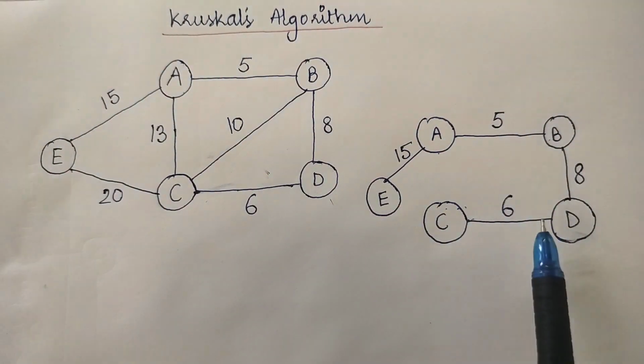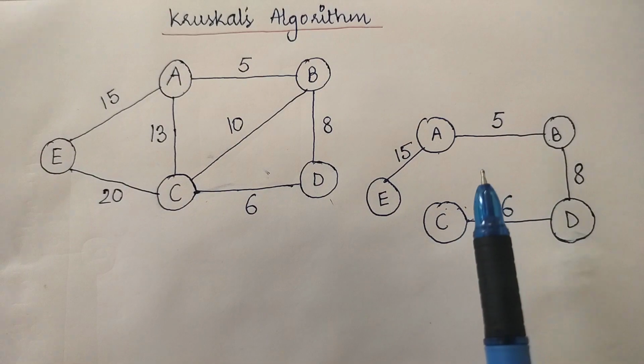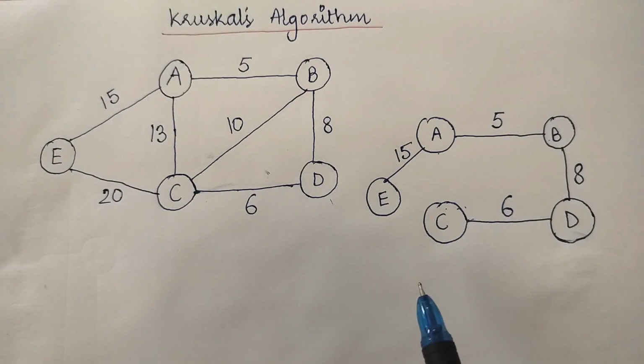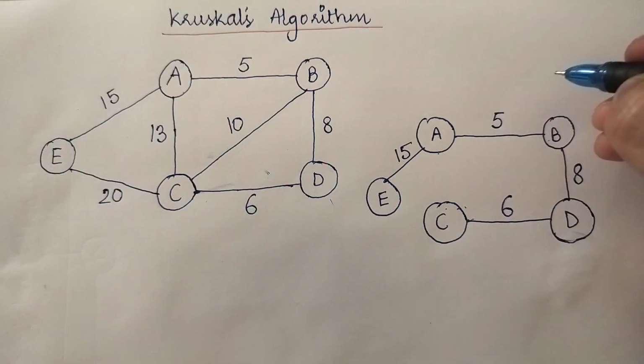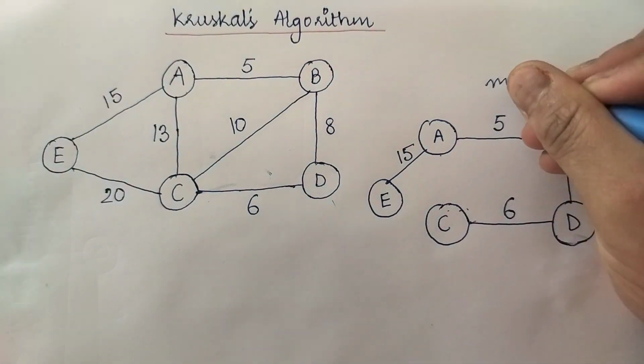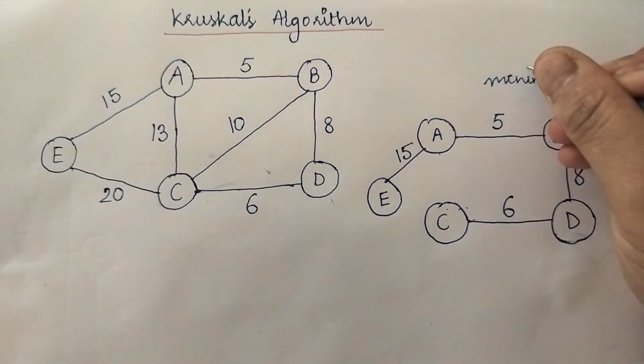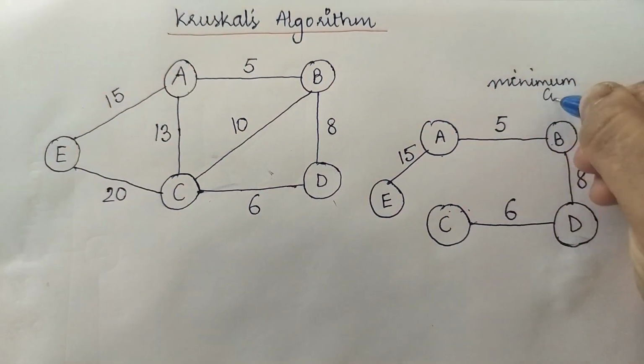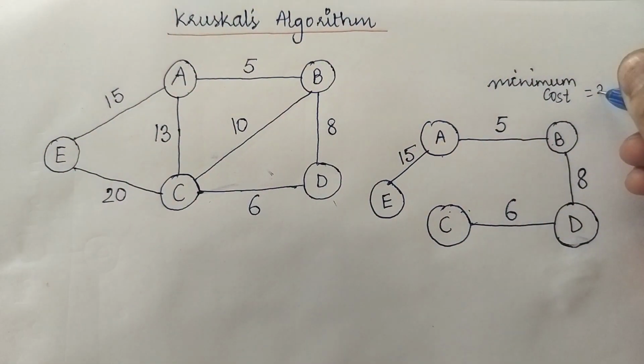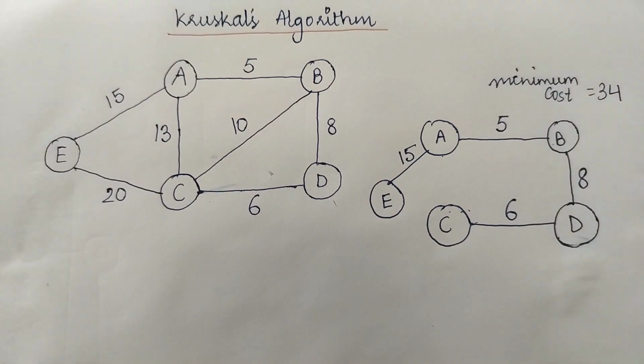So this gives me my minimum cost spanning tree with a minimum cost of 34. So this is how you find the minimum spanning tree using Kruskal's algorithm.